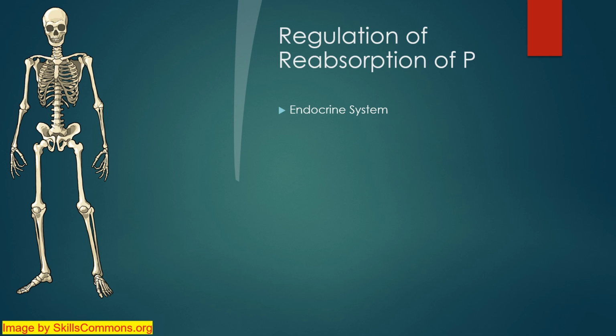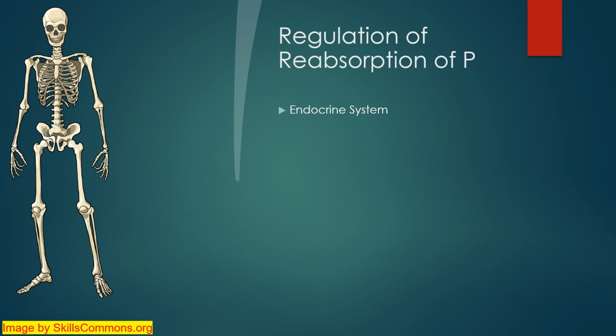And so we don't want all that phosphorus in our blood, especially when we have a higher level of calcium in our blood. So look at our bones. Our bones are rocks made up of calcium and phosphate. Why? Because we have so much calcium and phosphorus present at the same time, they actually make a rock.